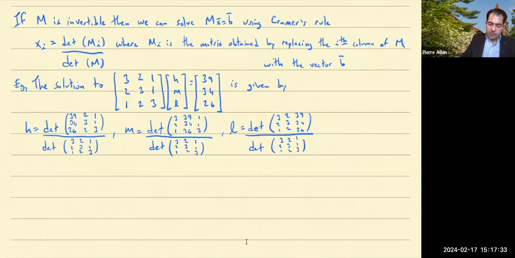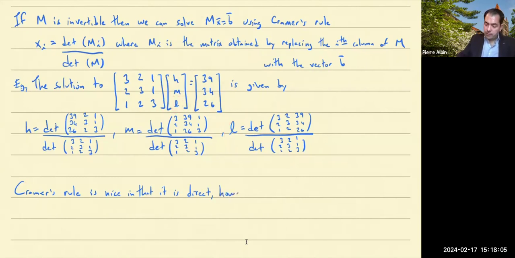Okay, so Cramer's rule is nice in that it is direct, right? You can find the value of the third variable, say, directly without having to compute anything else.